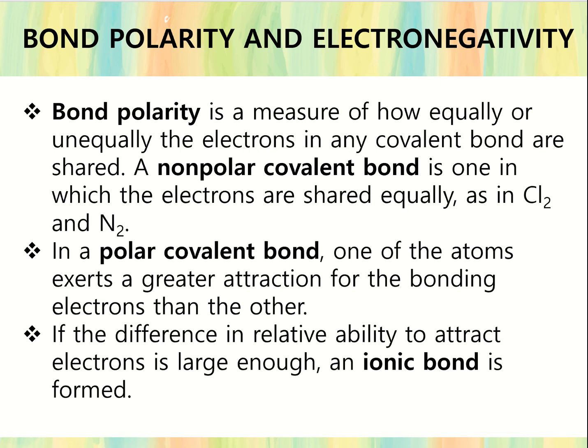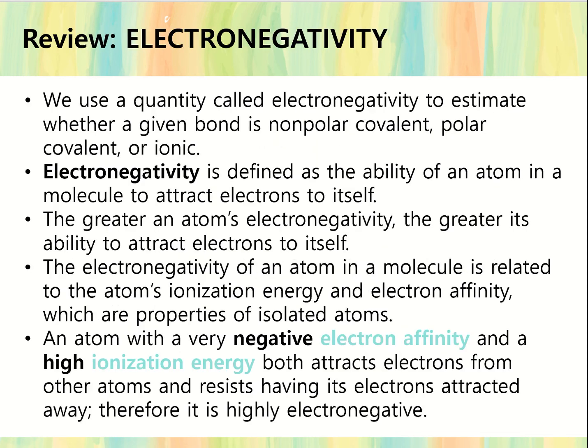That is synonymous with the polar covalent bond, where one atom exerts a greater attraction for the bonding electrons than the other. And if the difference in the relative ability to attract electrons is so large, then we have ionic bonding resulting from that.